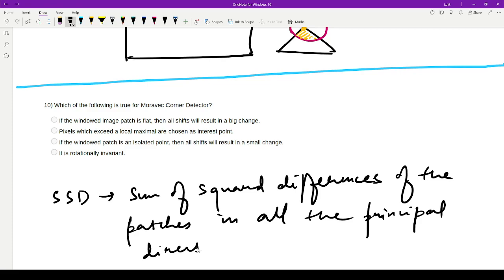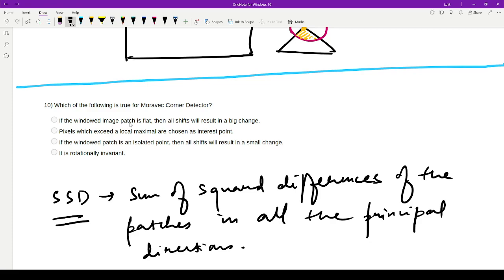Once you have the patches in the principal directions, you see wherever the maximum of SSD lies in that direction. If there is a maximum out there, then you can say that a corner is detected by this Moravec corner detector. Okay, so we'll move to the options.